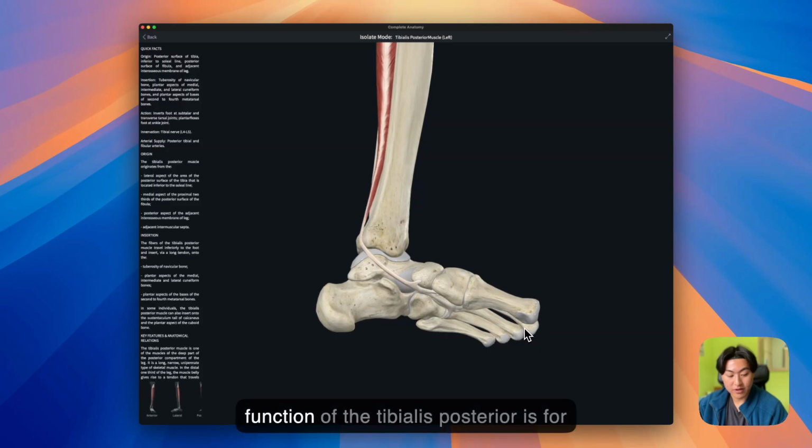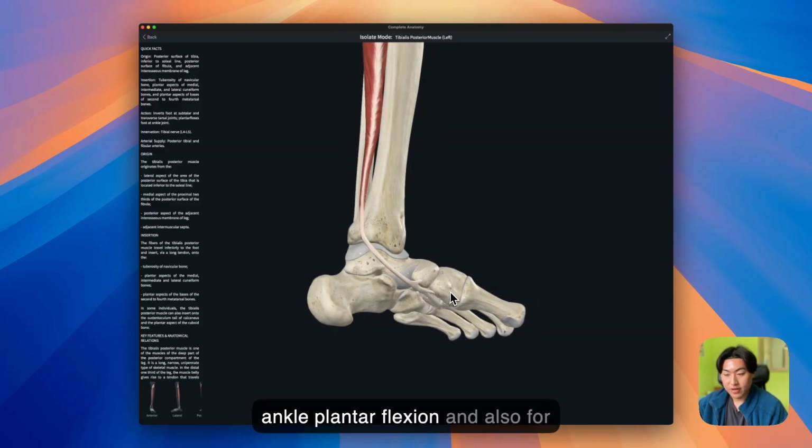So the main function of the tibialis posterior is for ankle plantar flexion and also for inversion, to bring the big toe inwards.